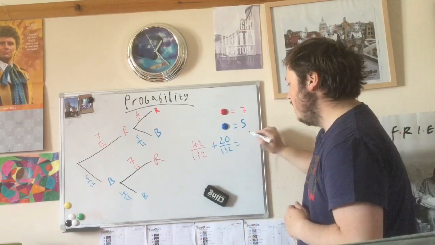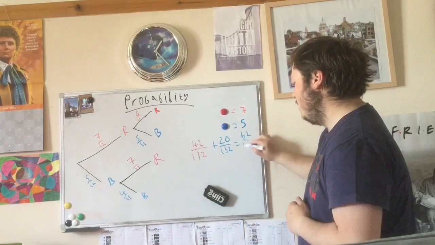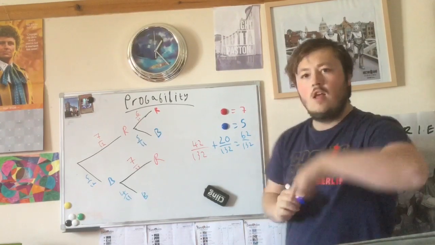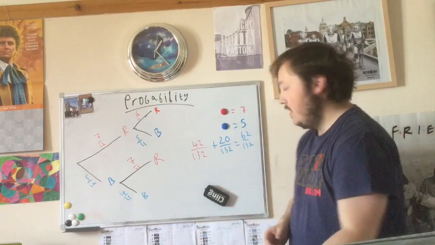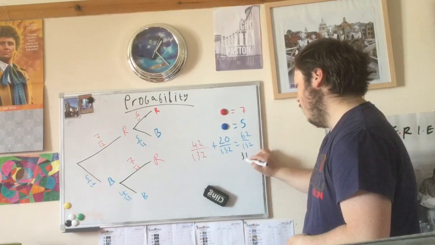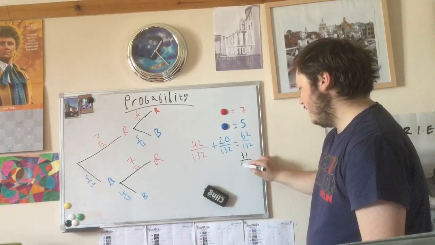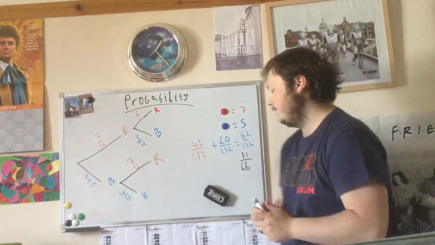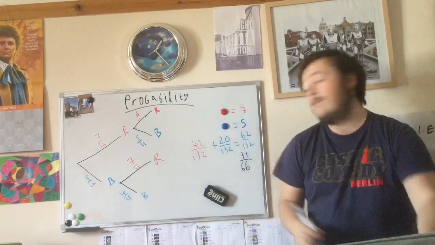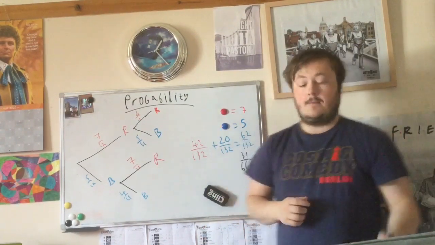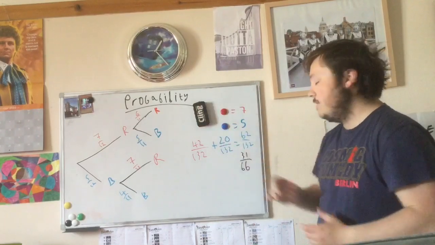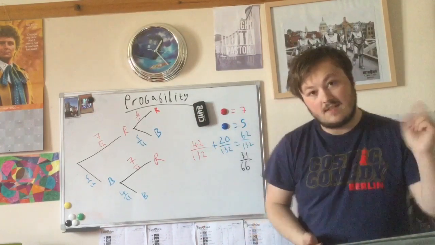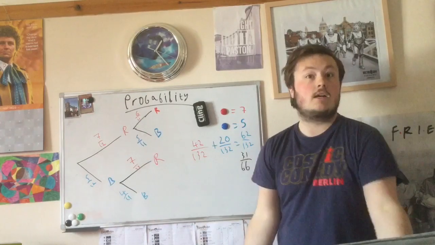That adds to 62 over 132. That can be simplified, however, so the actual probability is 31 over 66. That can't be simplified any further because 31 is a prime number. So that's the first question. That's the probability that you draw two beads of the same colour given this circumstance.